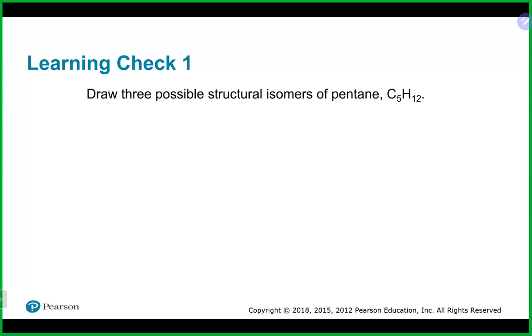Okay, so let's take a look. Obviously, first one, we could just draw 5 in a row, 4, 5. Obviously put in our appropriate hydrogens, so that one needs 3, this one needs 2, that one needs 2, that needs 2, and that needs 3. So that definitely is hopefully one of them.